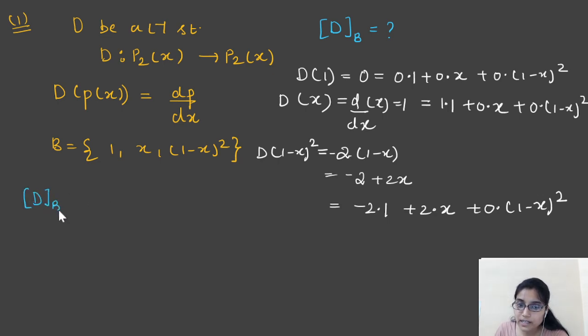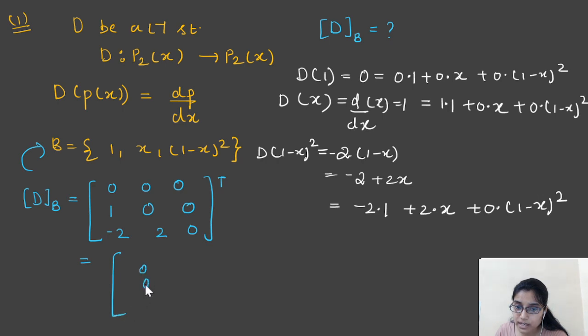So the matrix representation of D with respect to this basis is nothing but the transpose of the coefficient matrix, that is 0 0 0, and then we have 1 0 0, next we have -2 2 0, and then we just have to take the transpose. The final answer we are getting is 0 1 -2, 0 0 2, 0 0 0.